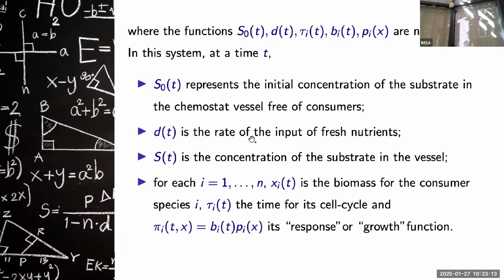And this S(t) is the concentration of the substrate, so it's the thing that we really want to know about. One thing that's really important is the delay, which is exactly the time of our cell type. It's important to understand that usually it's not constant, so it's important to consider a general type of delay. So here is our model.